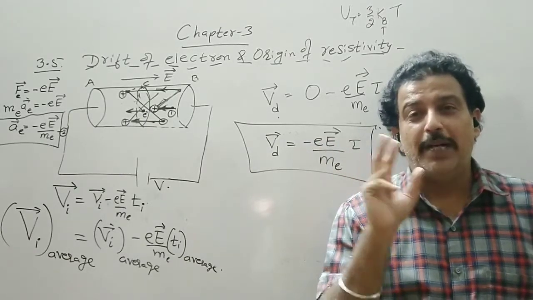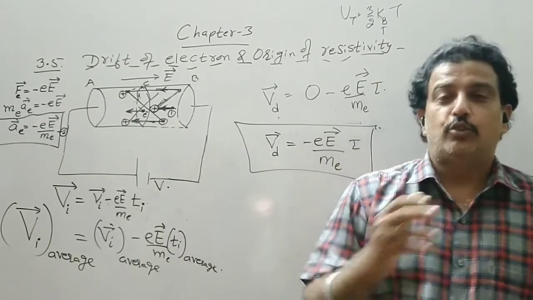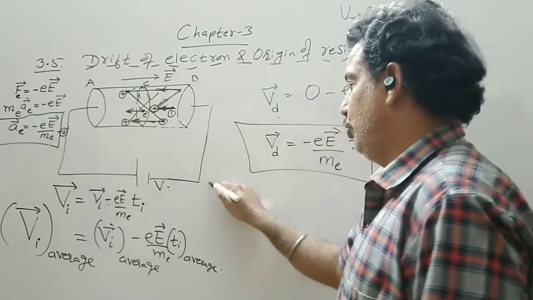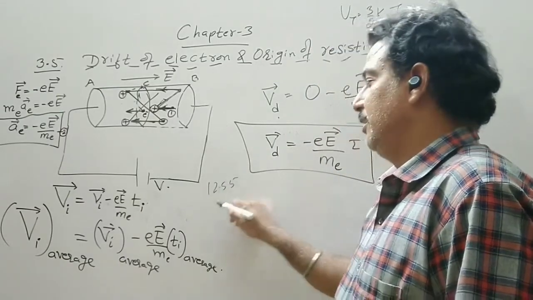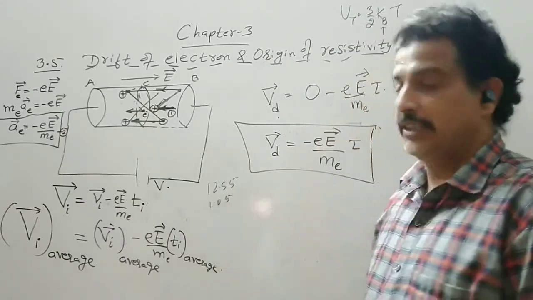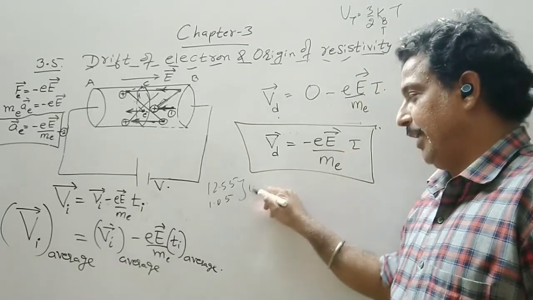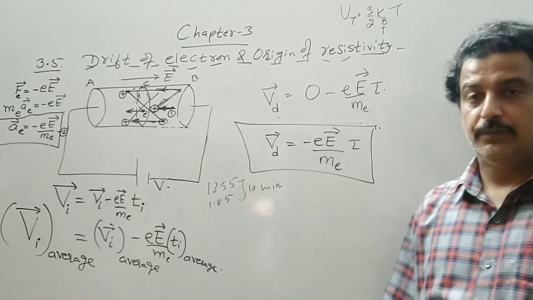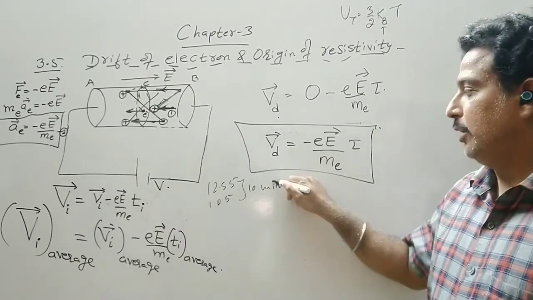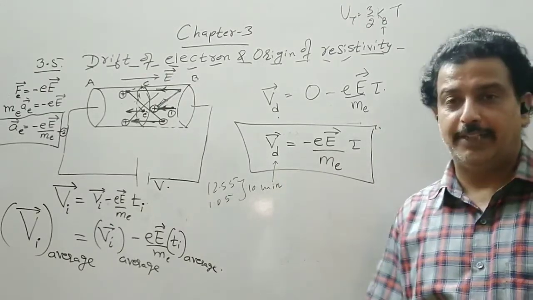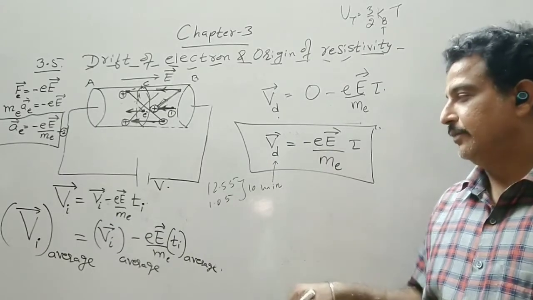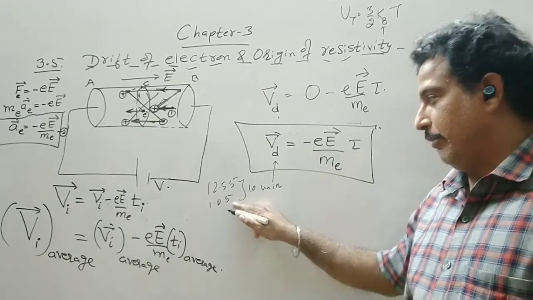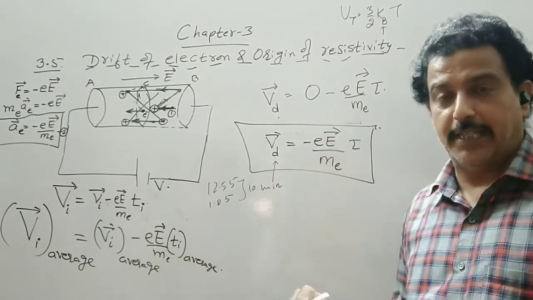So this particle has two cycles of collision. The first collision was at say 12:55, the other collision was at 1:05. For 10 minutes it has acceleration, so I will find out the drift velocity for 10 minutes only. Then after 1:05 I again started observing.